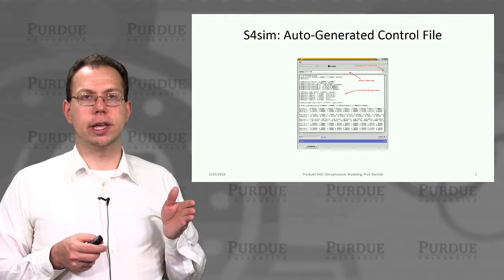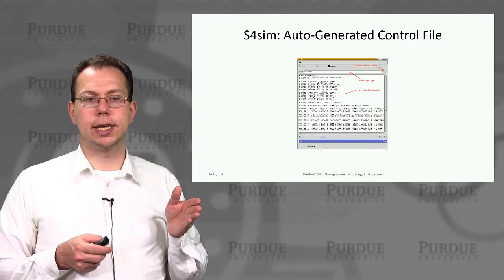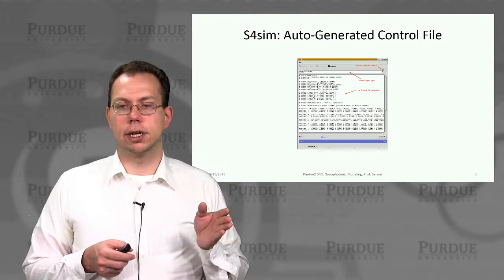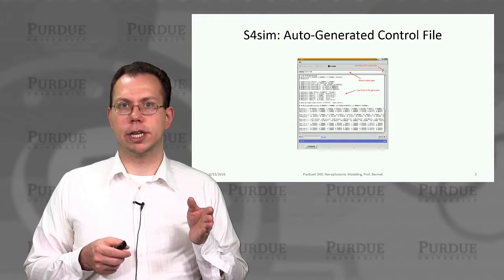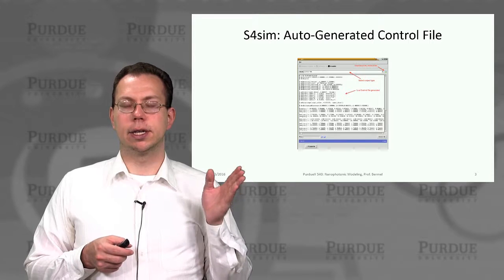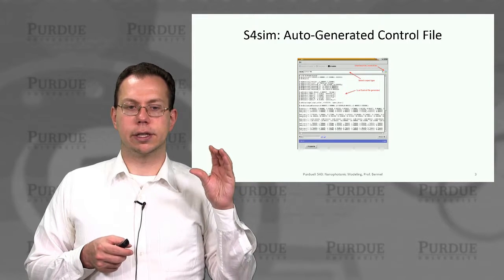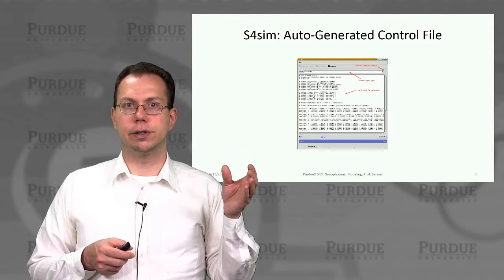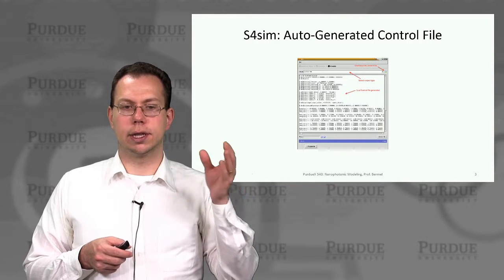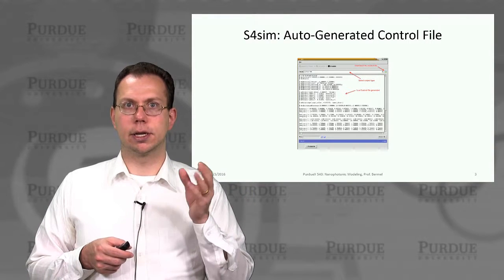The second feature that may be of use or interest is that in addition to the graphs that we're outputting, which can be customized, we can also take the control file that was used to run S4 and customize that.